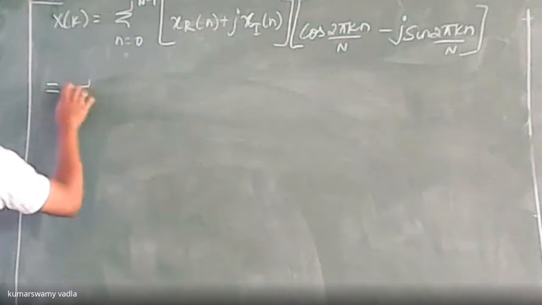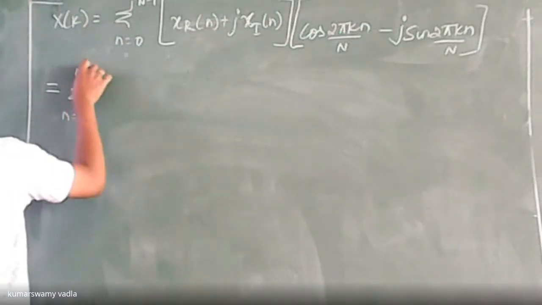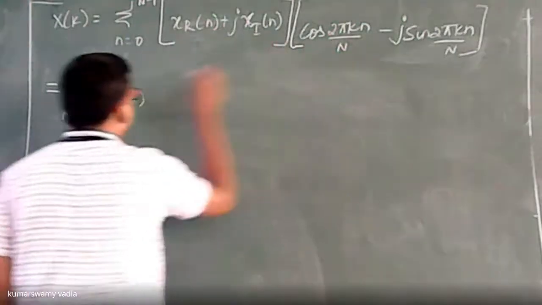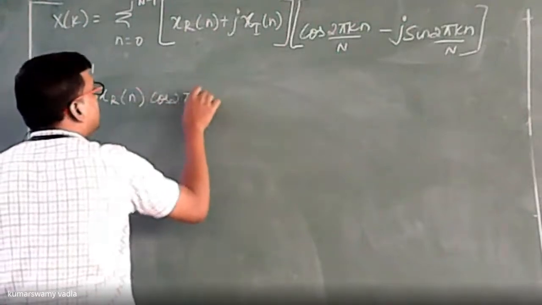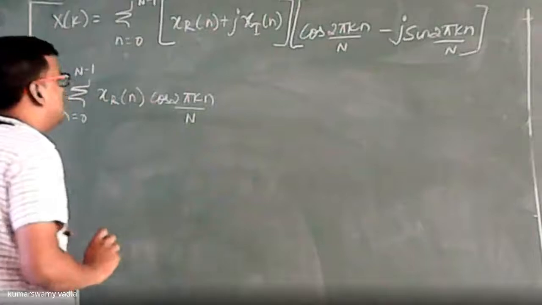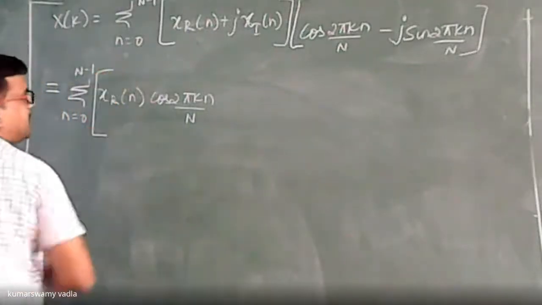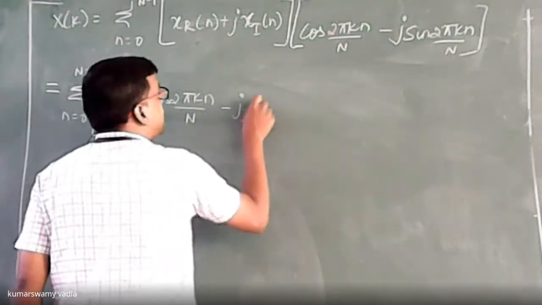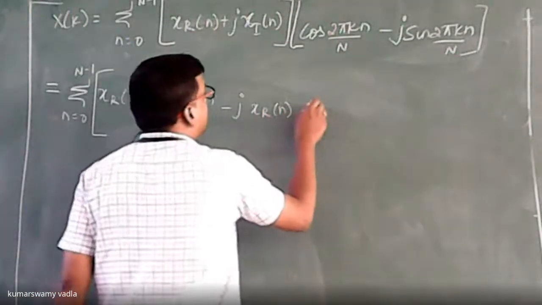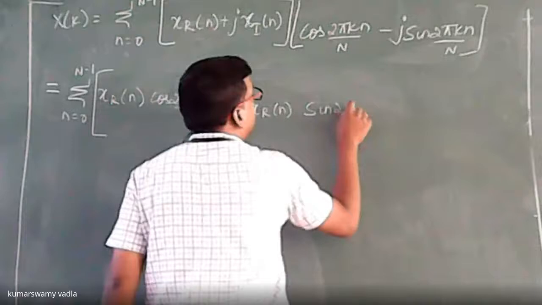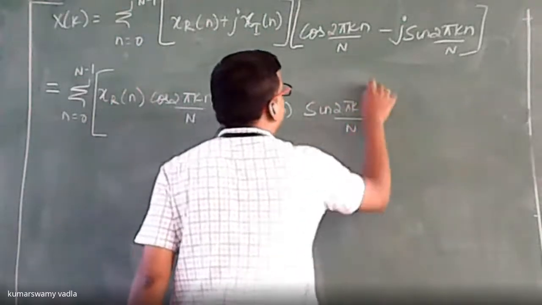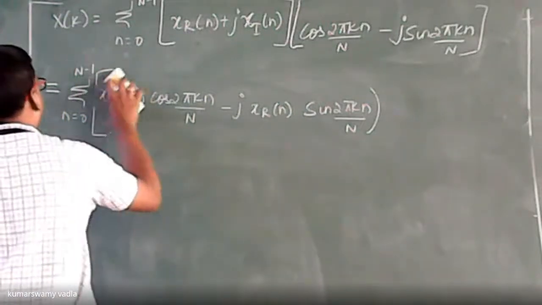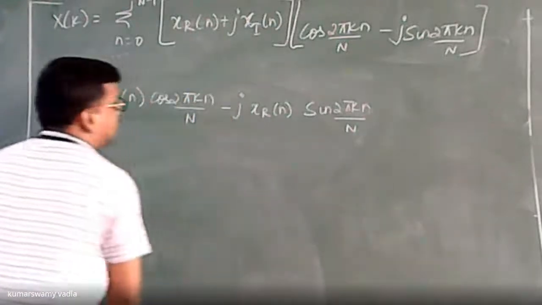Summation n equal to 0 to N minus 1 xr of n into cos 2 pi k n divided by N. What will be my next step? Minus j xr of n sine 2 pi k n divided by N. Yes or no? Is this clear, friends?